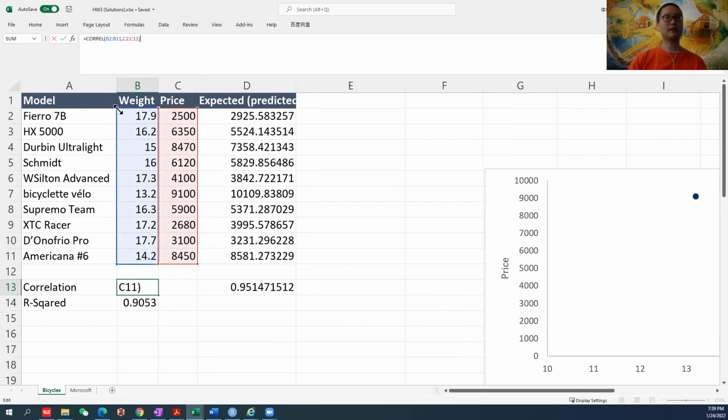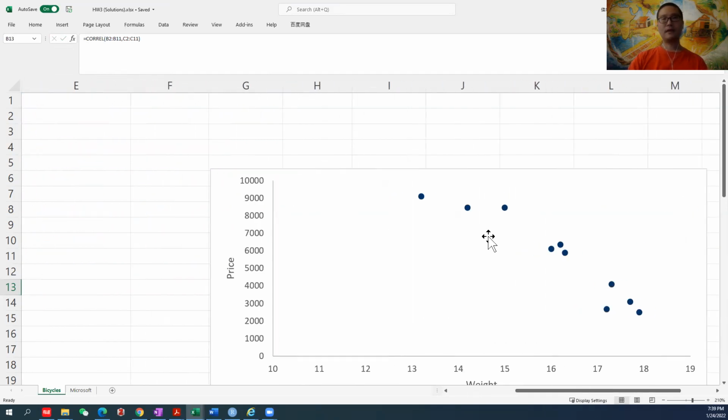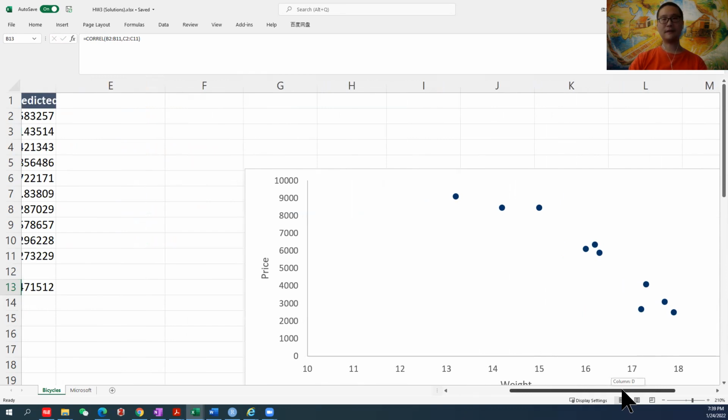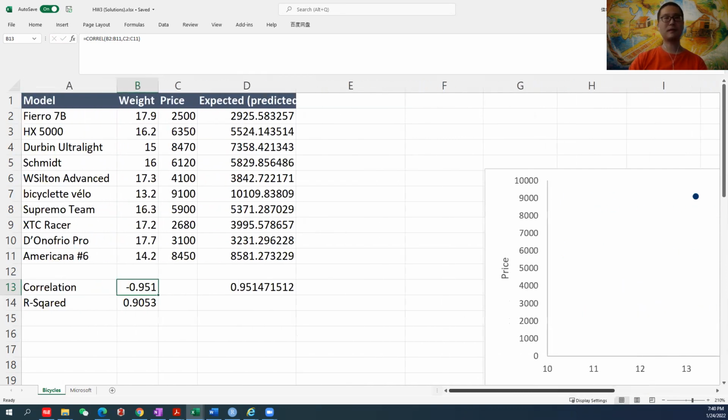We run the Excel function correlation between the array of weight and the array of price. That's how we got the correlation coefficient between weight and price. And because in the first part of the problem, we already know that it showed us a downward trend, we know that they have a negative linear relationship. That's why this correlation coefficient is a negative estimate.